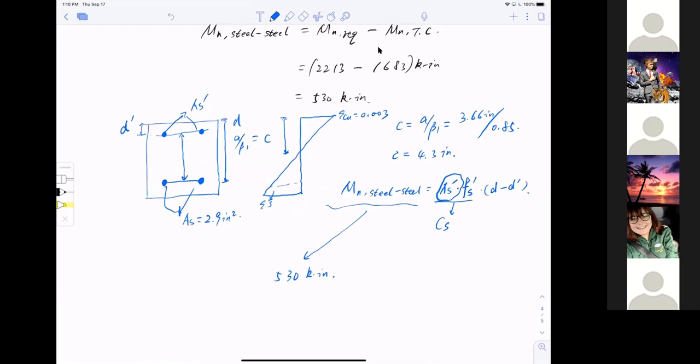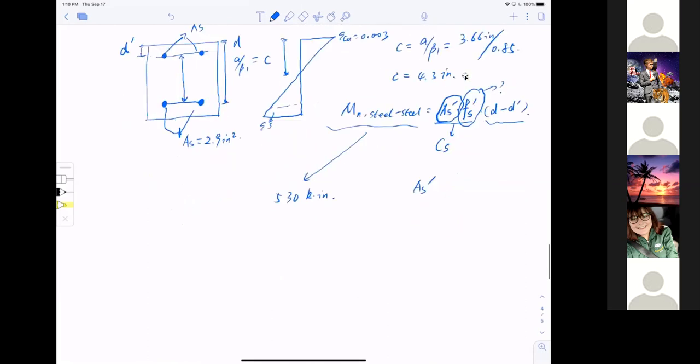There's noise. Let me just close the door real quick. Okay, sorry about that. So the question is, what is AS prime? I already know the D minus D prime, that's given. The only thing that needs to be determined is Fs prime.